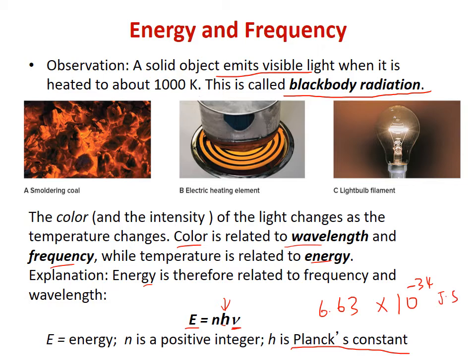It also multiplies a positive number, n. n is a positive integer. It can be 1 or 2 or 3 and so on. So the possible energy can be h times nu, or 2 times h nu, 3 times h nu, 4 times h nu, and so on.